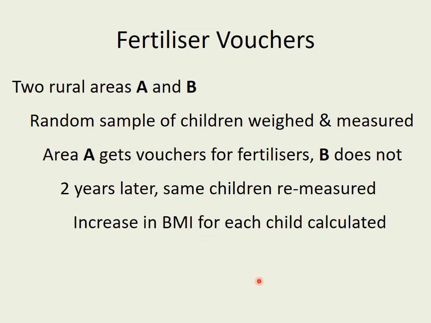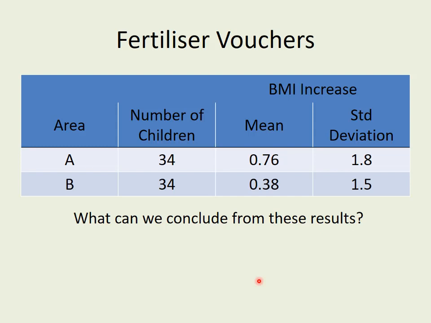And let's say we find this. So in area A and B, 34 children in each sample. This is the mean increase in body mass index. The mean increase is 0.76 in area A and 0.38 in area B. And this is the standard deviation of the mean increase.